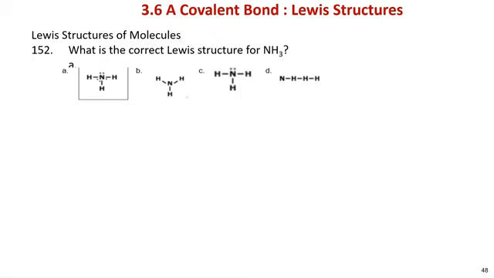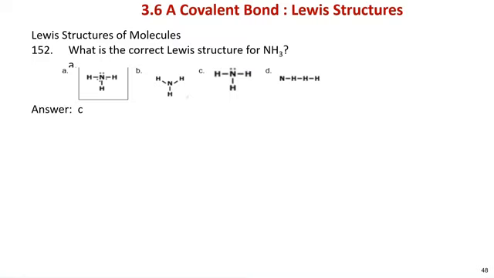Altogether they make 8. Therefore, the total number of electrons around here is 3 pairs, 1 lone pair, 8. So the correct answer is C. In the Lewis structure, you have to have a duet for hydrogen and an octet for other atoms except hydrogen. Therefore, the correct answer is C.